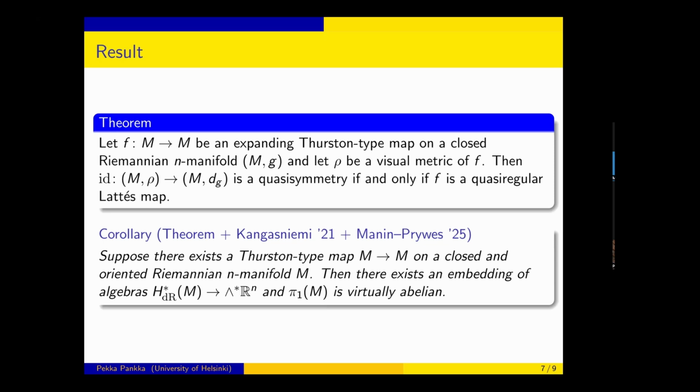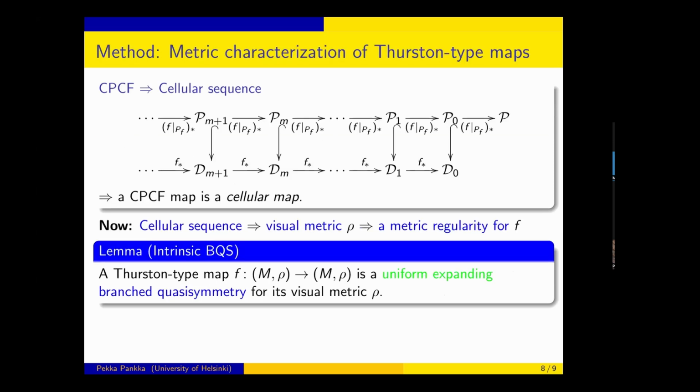Okay, but now to the methods. What is the key? If we look at the definition of a Thurston-type map, which I don't show you again, there was this condition that you get this Markov type dynamics on the post-critical set.